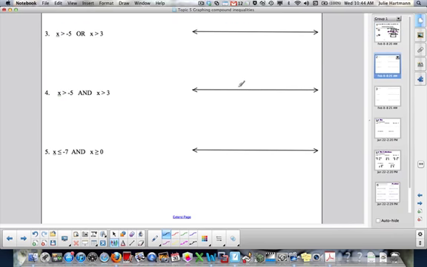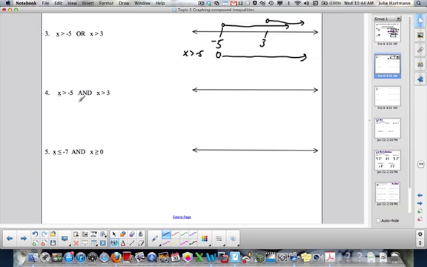Okay, let's look at some more examples. X is greater than negative 5, so greater than negative 5, or greater than 3. Now, because it's greater than negative 5 or greater than 3, that means we combine what's there, so our answer would be everything that is greater than negative 5. Okay, that includes both.